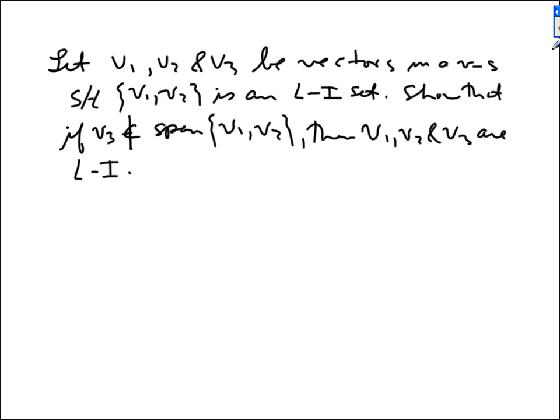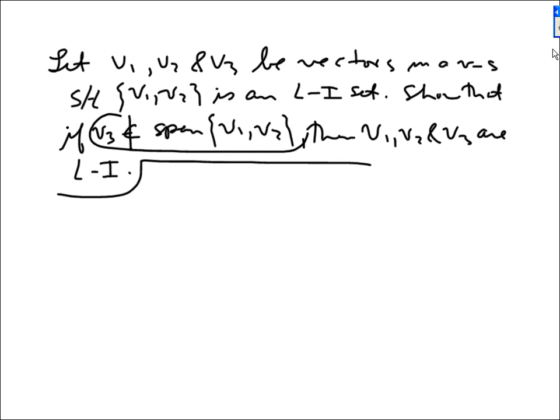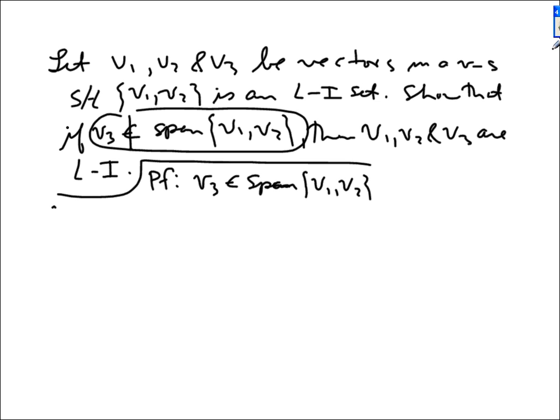Okay. So now, what does it mean that V3 is not in here? Let's start the proof here. V3 is not in the span of V1 and V2.